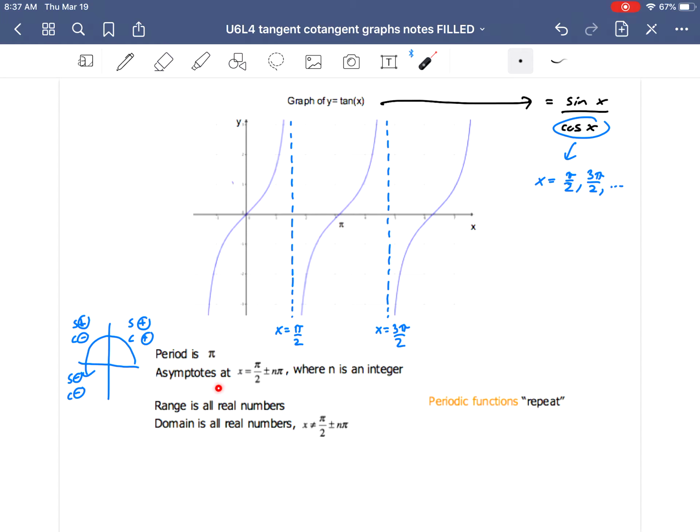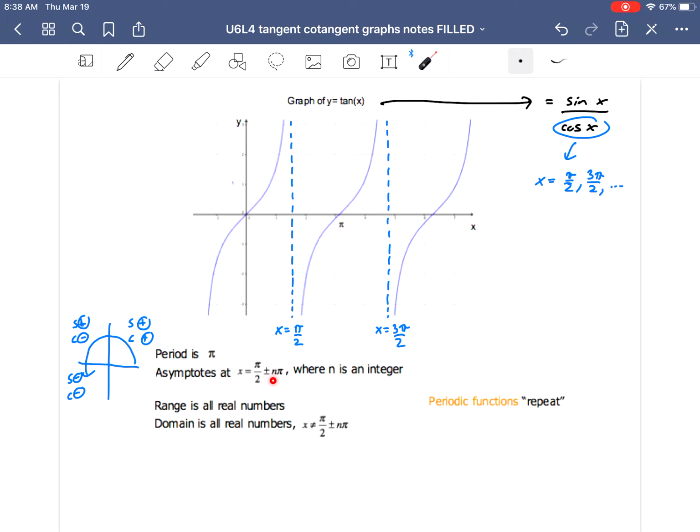Your asymptotes are in general at this general solution: pi over 2, so that's where we started here, plus or minus n pi. What this is doing is adding a multiple of the period of tangent, which is pi. If I take pi over 2 and I add pi when n is 1, I get 3 pi over 2.